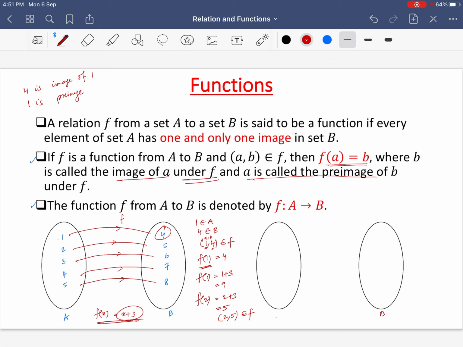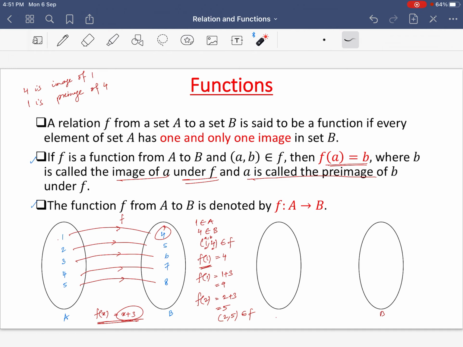It's the opposite way. Okay, I hope it's clear. So 4 is the image of 1, and 1 is the pre-image of 4. So it's a two-way process, and we call it this way.